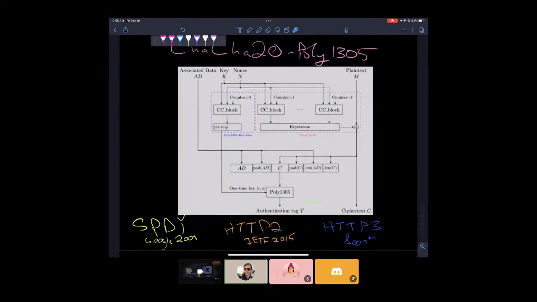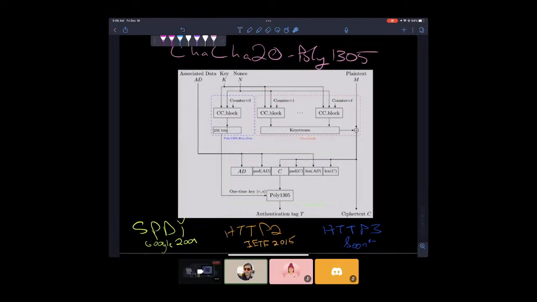And Speedy relied on Cha-Cha 20, Poly 1305. I think HTTP 1.1 dates back to around 1999 or 2000. I'd have to check on that. But HTTP 2 comes along and is standardized by the IETF around 2015.